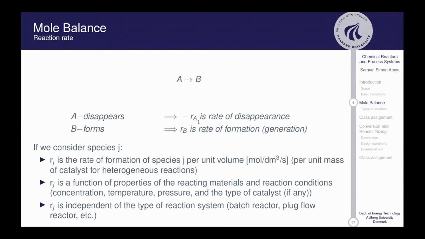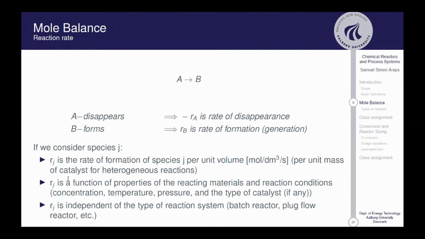to describe the rates of reactants, but when we have a generic species, we'll just use J. In that case, the rate of reaction of J is the rate of formation of species J per unit volume per unit time. So that's the unit of reaction rate.